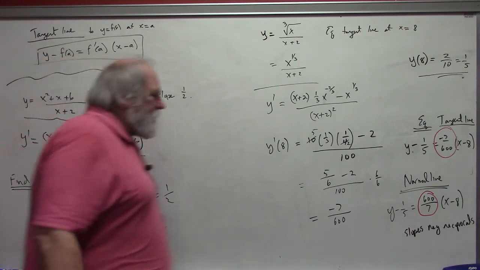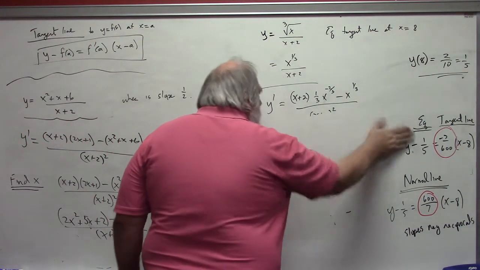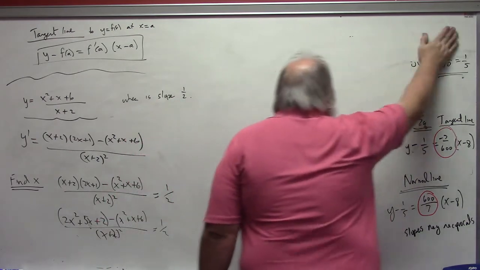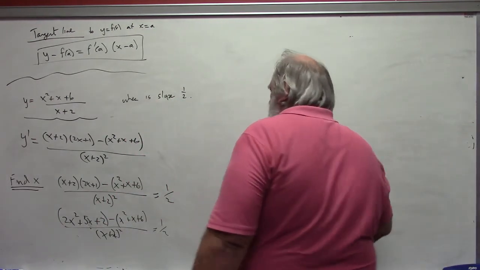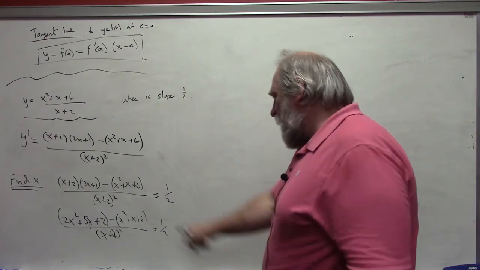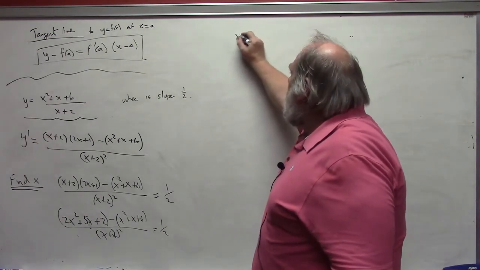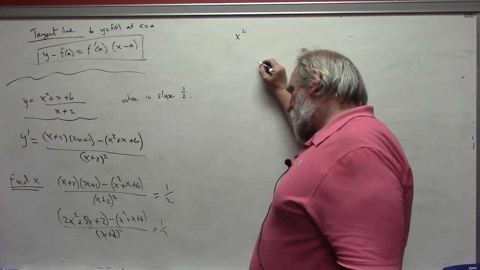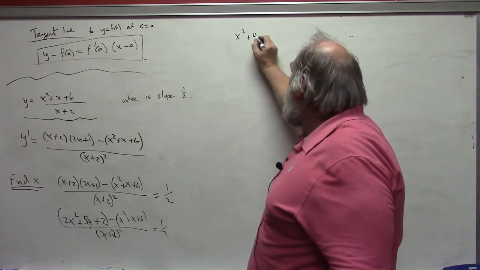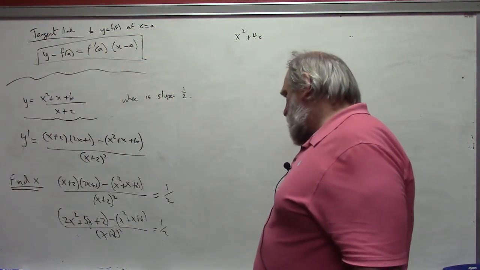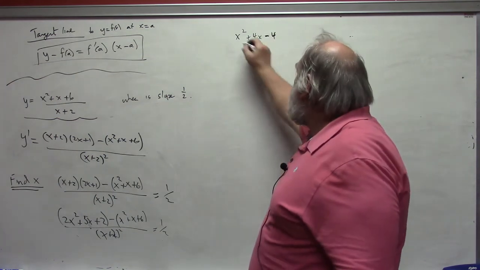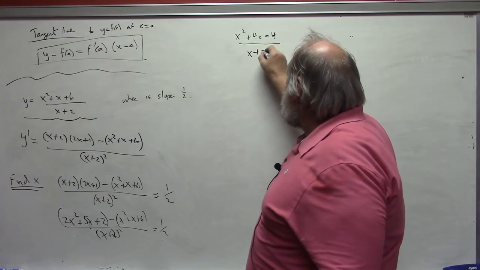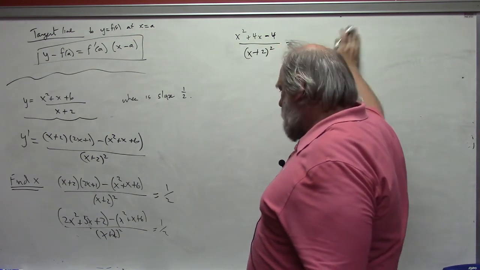And so I'll erase all of this. We then get, when I subtract, x squared plus 4x, and 2 minus 6 is minus 4, over x plus 2 quantity squared is equal to 1/2.